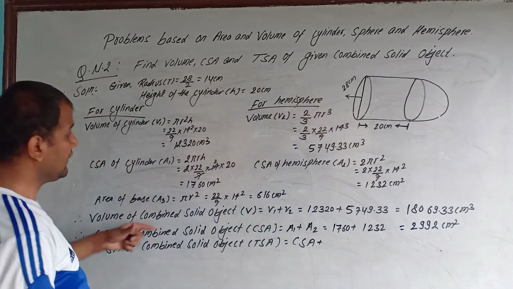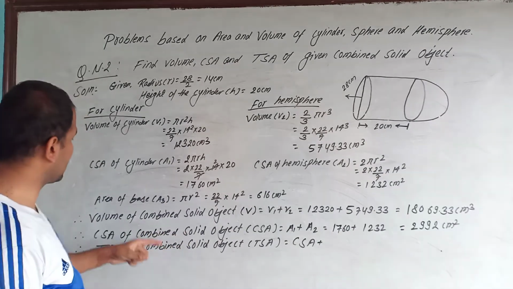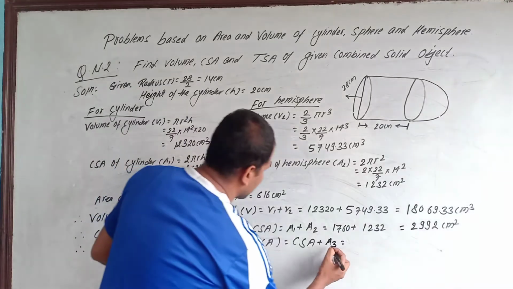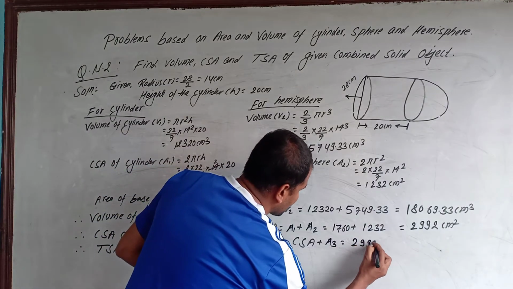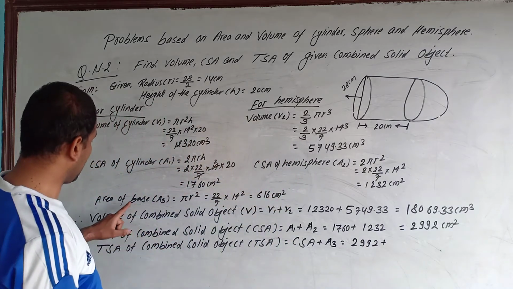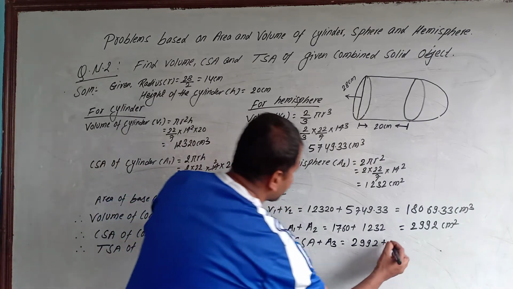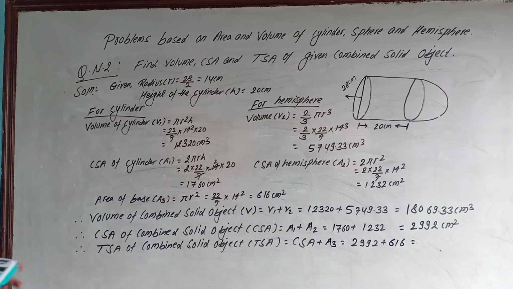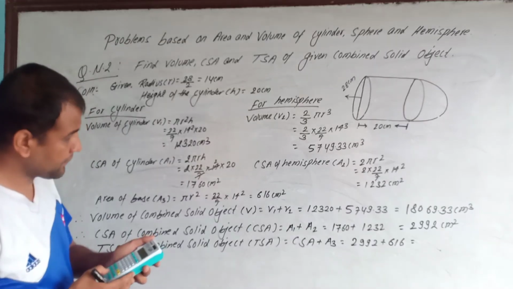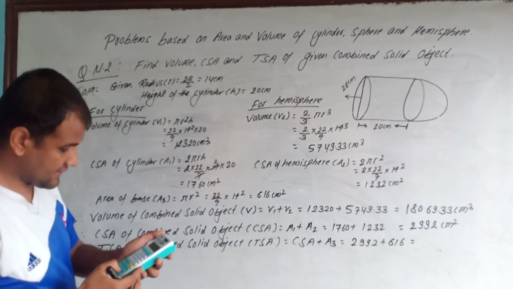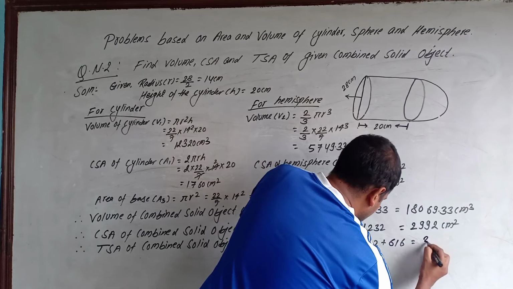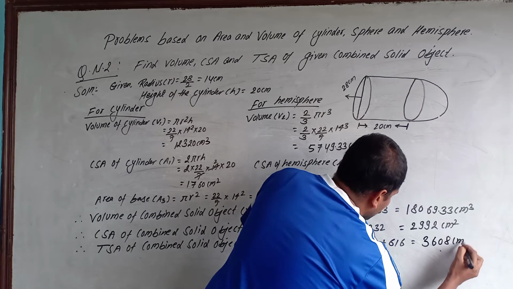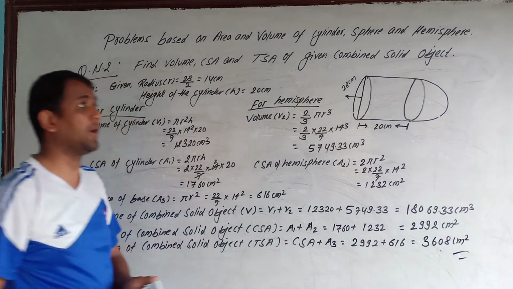So we write CSA of combined solid object plus remaining part, A3. 2992 is the curved surface area plus area of base A3, which is equal to 616. That is equal to 2992 plus 616, that is equal to 3608 centimeters square, is the total surface area of this combined solid.